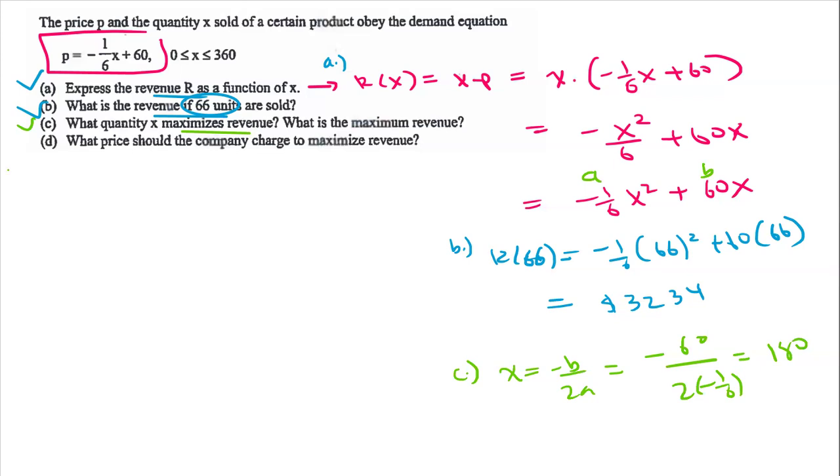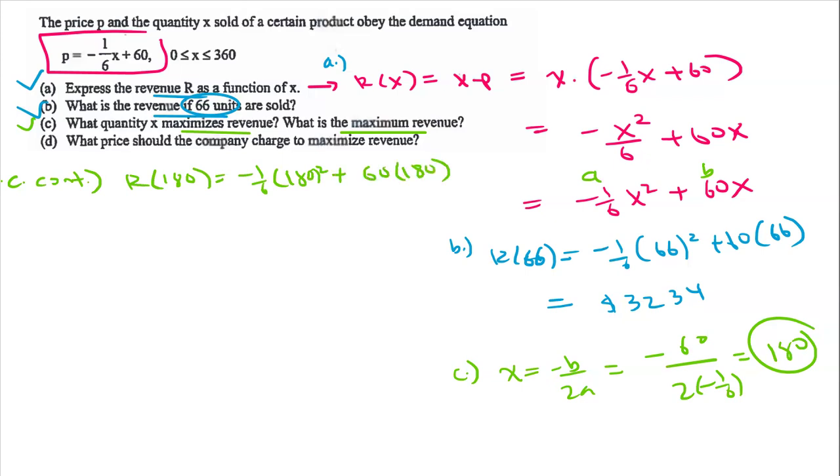So what quantity X maximizes the revenue? 180. And then it says the second part, what is the maximum revenue? Well, we just plug in 180 for our R of X. So R of 180 is equal to negative 16 times 180 squared plus 60 times 180.